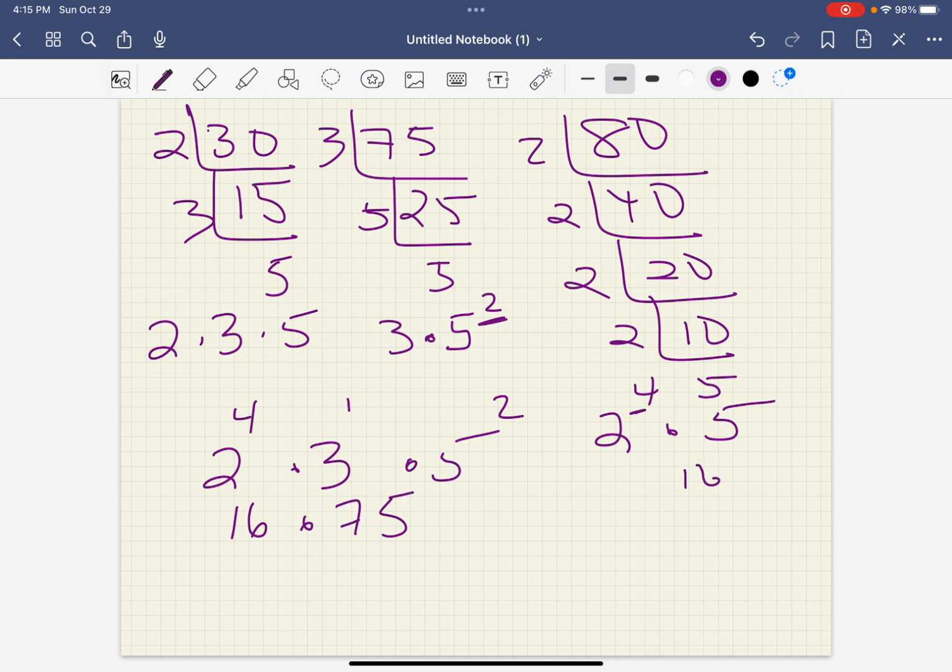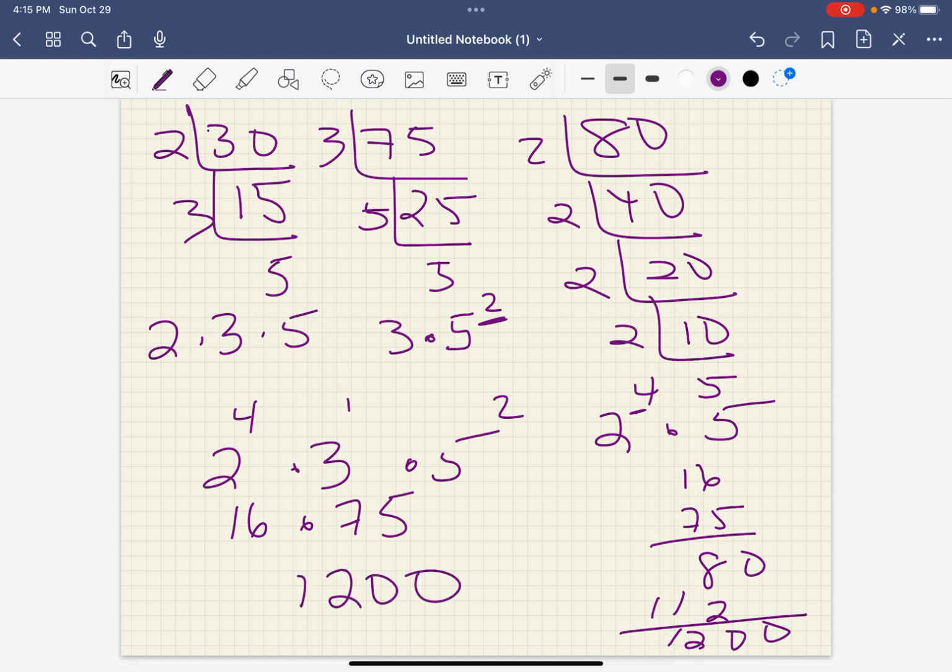So 16 times 75 looks like that's 1200. So the least common multiple for 30, 75, and 80 is 1200.